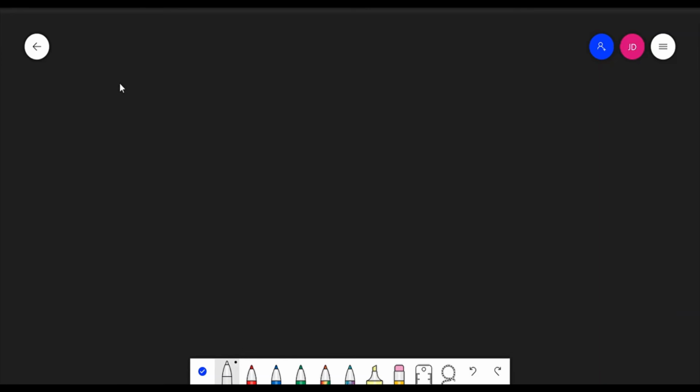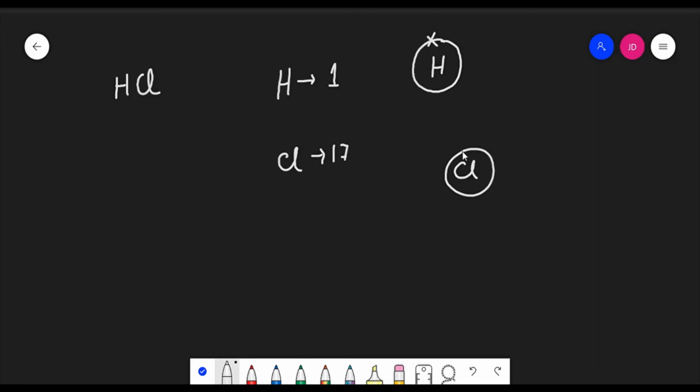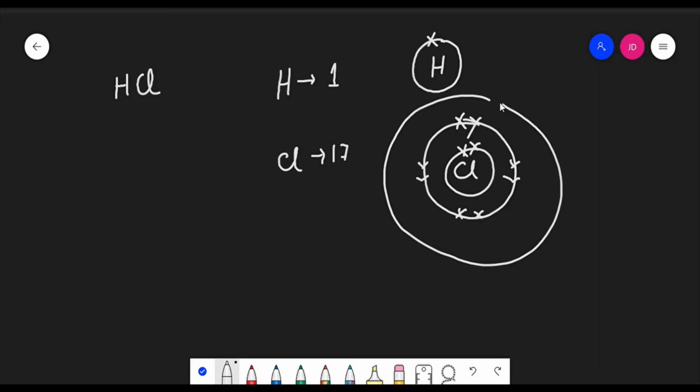When I say HCl, let's look at the electronic configuration. Hydrogen's atomic number is 1. Chlorine's atomic number is 17. So this is H, a single electron. Chlorine 17: 2, 8, and in the outermost, 7.